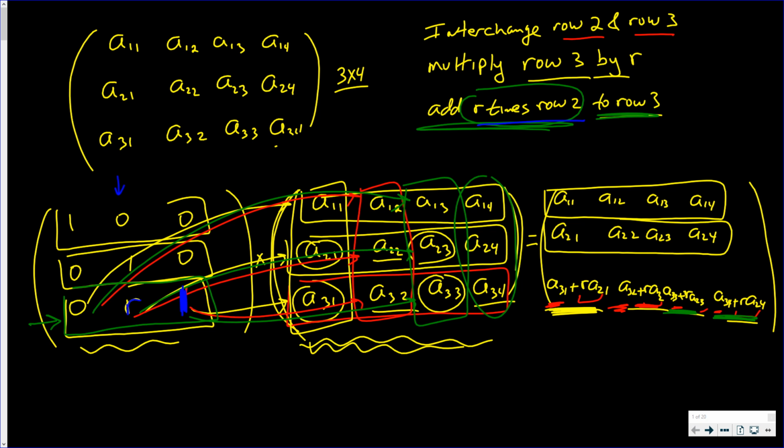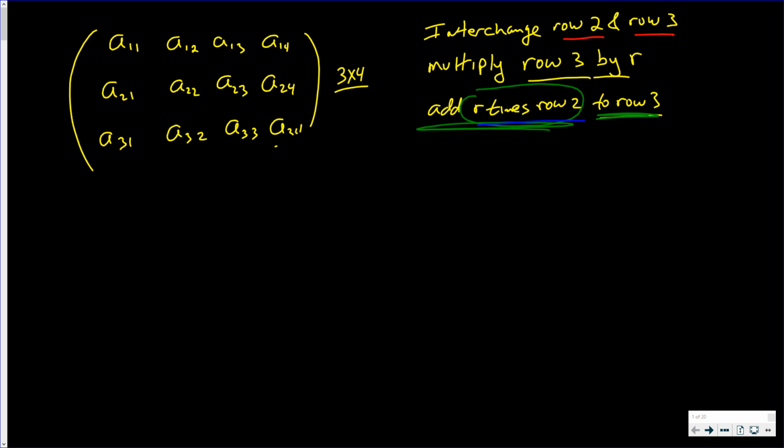Let us write down all the answers again, and then maybe we'll look at a more complicated problem. If you just want to interchange two rows, just say row 2 and 3, just interchange row 2 and 3 of the identity matrix.